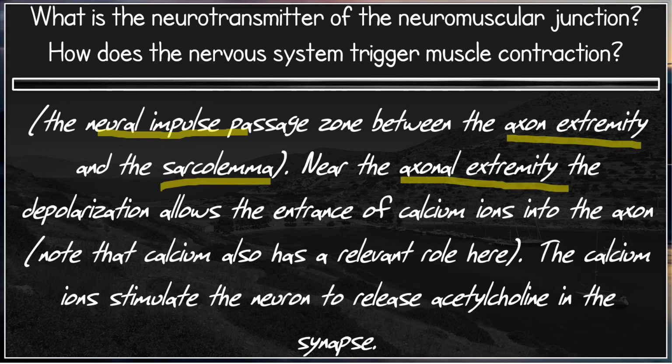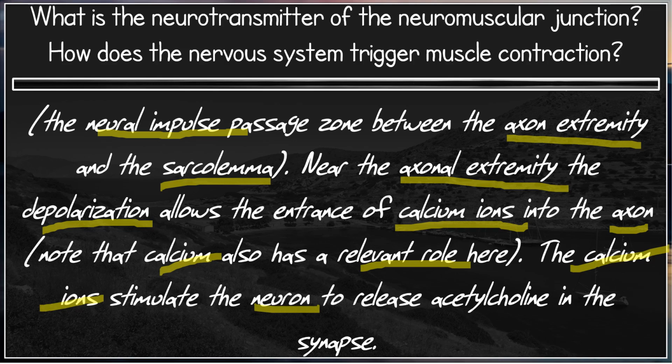Near the axon extremity, the depolarization allows the entrance of calcium ions into the axon. Note that calcium is also relevant here. The calcium ions stimulate the neuron to release acetylcholine in the synapse.